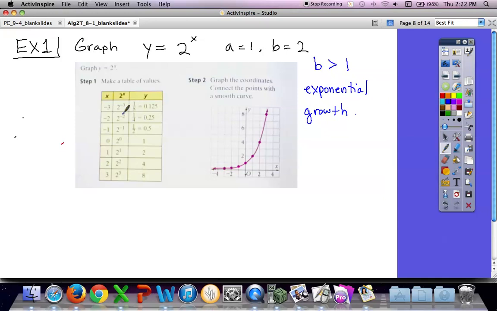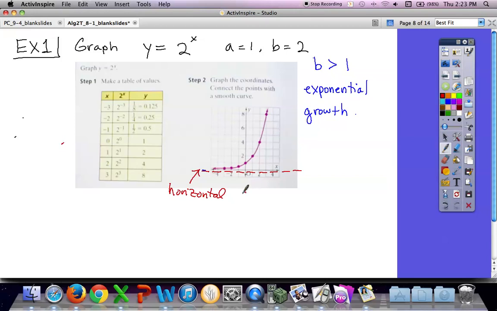So this brings up a new concept that we haven't seen yet, called an asymptote. When you have a line on the graph that the graph can never touch, it can get infinitely close, but it will not touch that line, that is called an asymptote. In this case, it's a horizontal asymptote because it's a horizontal line.